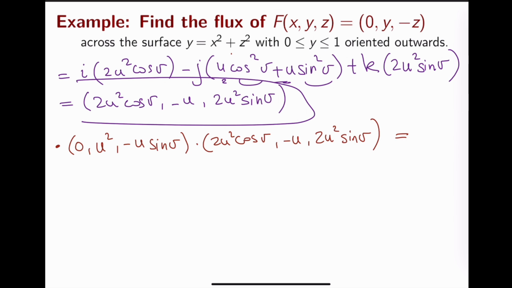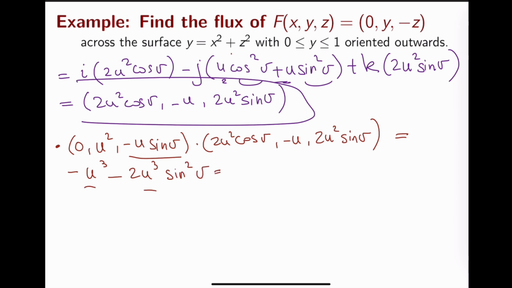So the dot product will be this times this, which is 0, plus this times this, which is minus u cubed, and this times this, which is minus 2u cubed sine squared of v.